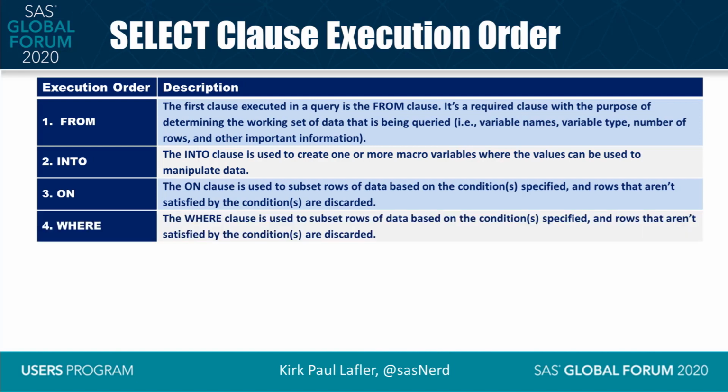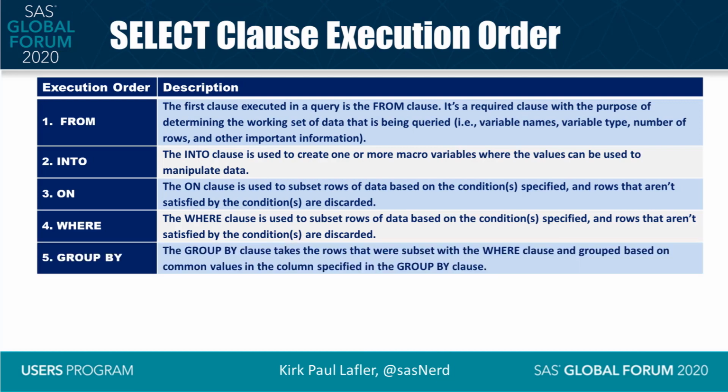If specified, the where clause is the next clause that's executed. Like the on clause, its purpose is to subset rows of data based upon the condition specified, and rows that aren't satisfied by the condition are discarded. If specified, the group by clause is the next clause that's executed.